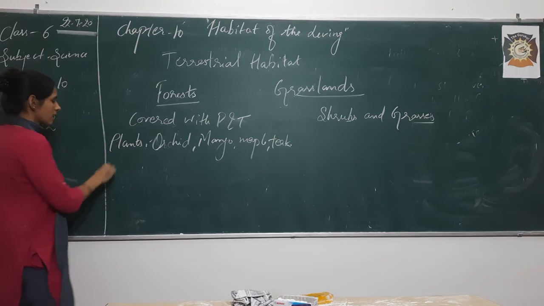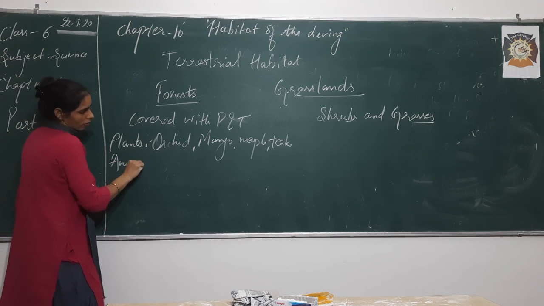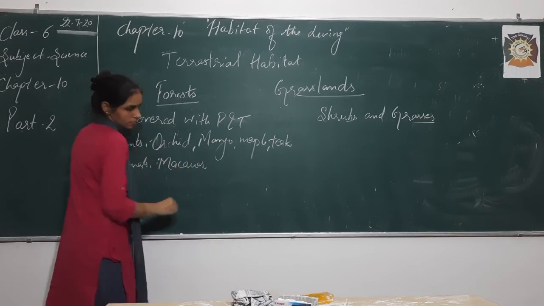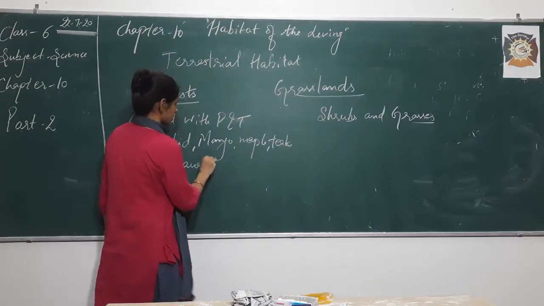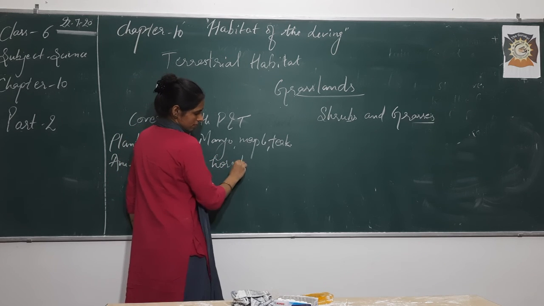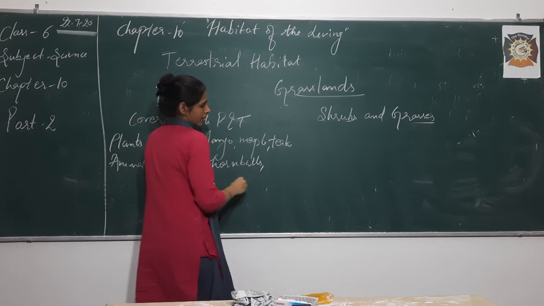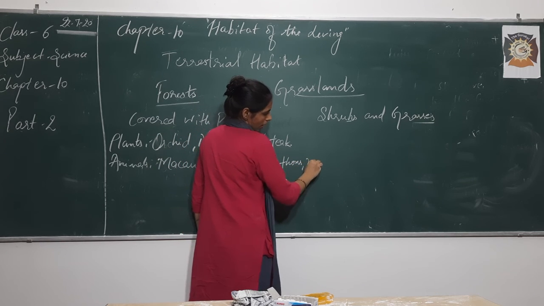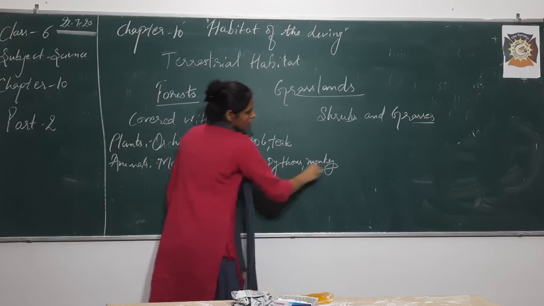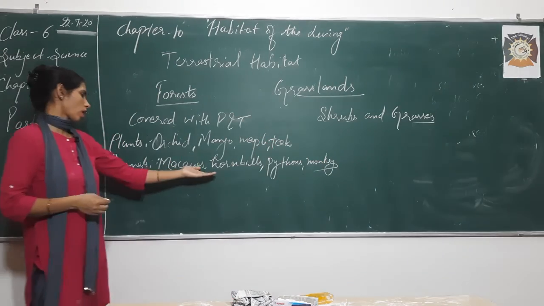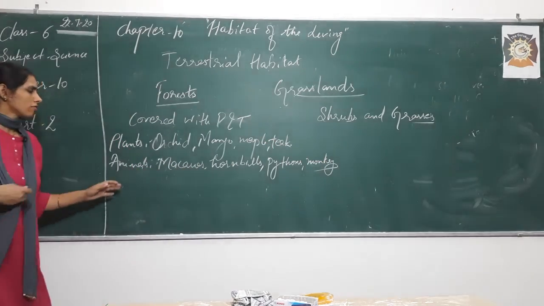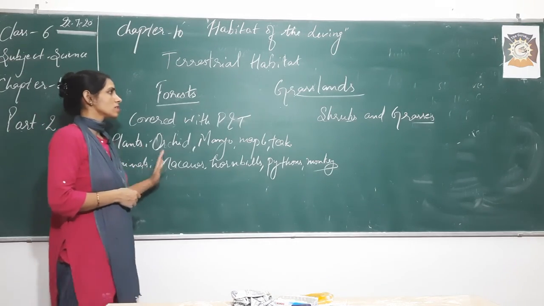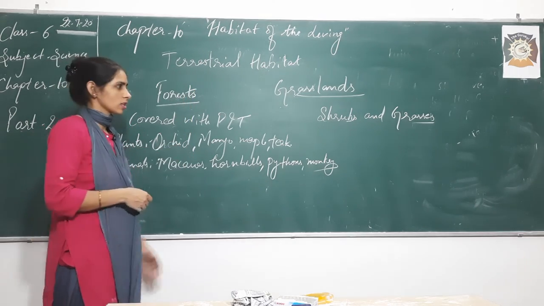And animals that can be in forest, for example macaws, hornbills, pythons, monkeys, fox, tiger. All these animals can be found in forest. So mainly I have written what kind of plants and animals we find in forest.